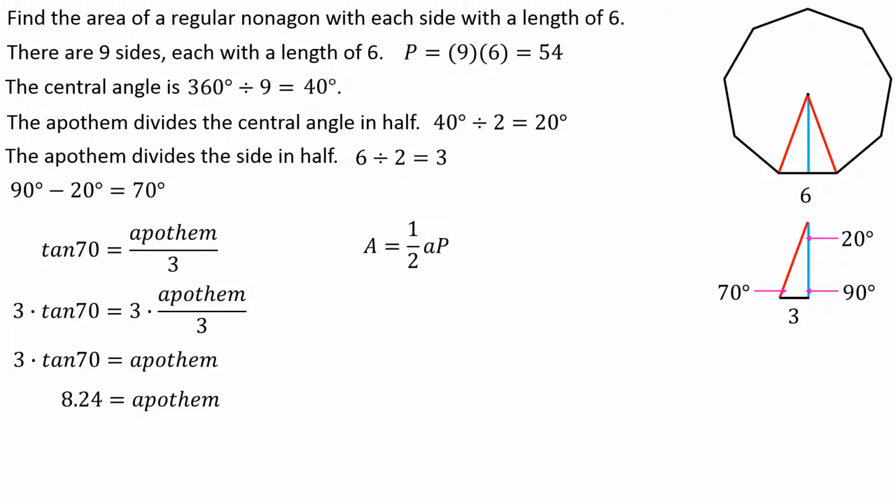Area of that polygon, 1/2 times the apothem times the perimeter. 1/2 times 8.24 times 54. Push buttons with a calculator, come up with an answer a little bit larger than 222.